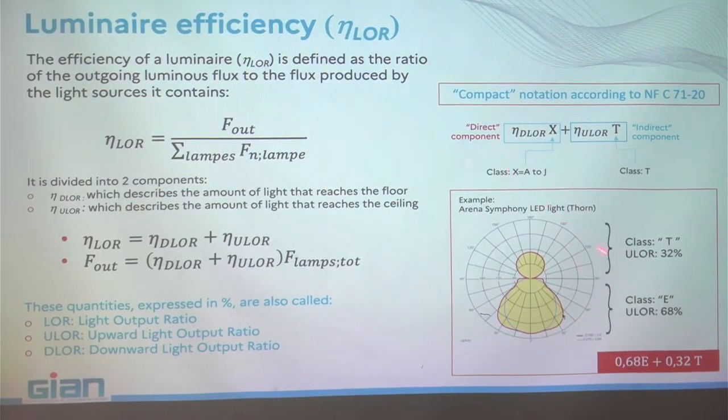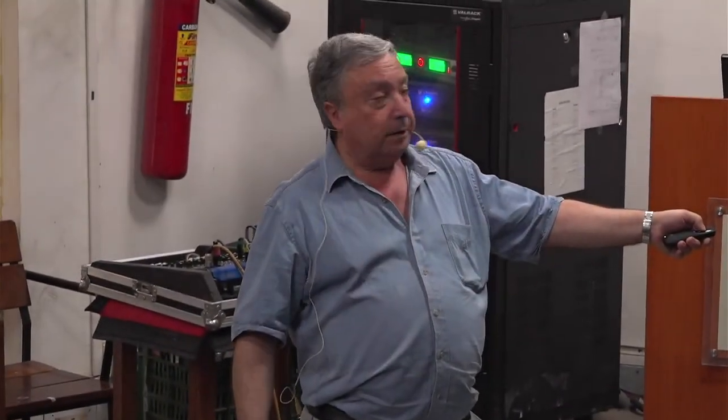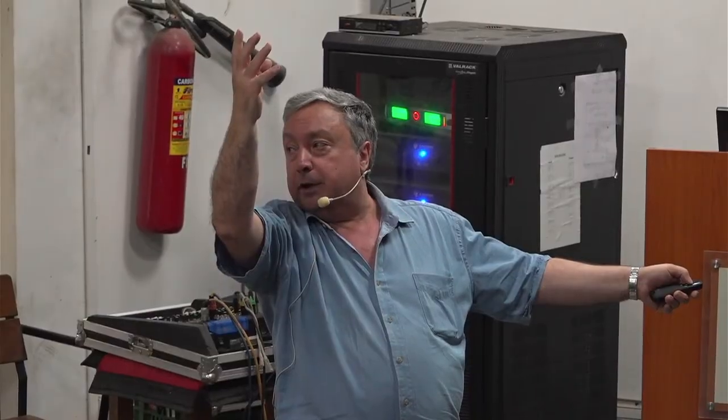Here, because this part is class T, the upward is always T, the downward depends on the beam angle. And here, for that luminaire, it is class E. You have 68%, so if you have 1,000 lumens coming out from that fixture, 608 lumens are coming down, and 320 lumens are going up.